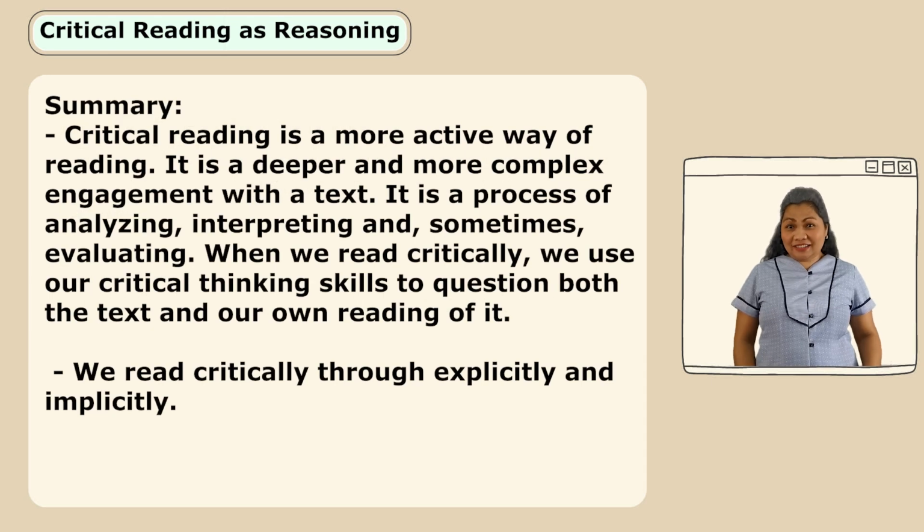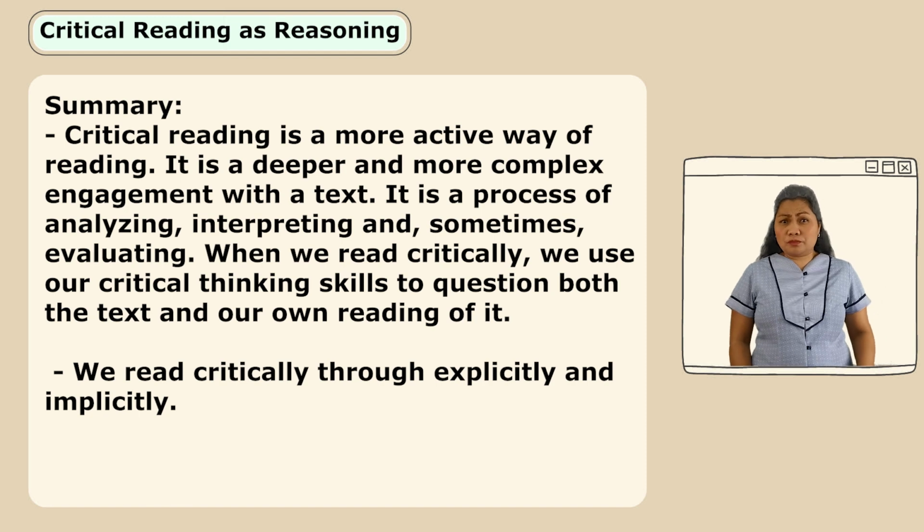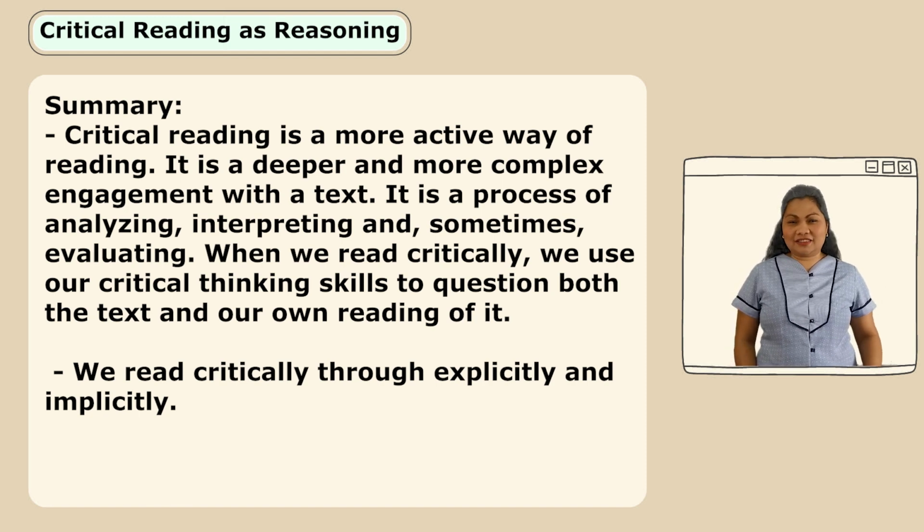Any questions so far? Remember that critical reading is a more active way of reading. It is a deeper and more complex engagement with the text. It is a process of analyzing, interpreting, and sometimes evaluating. When we read critically, we use our critical thinking skills to question both the text and our own reading of it.